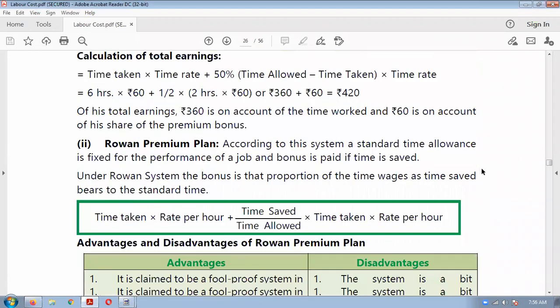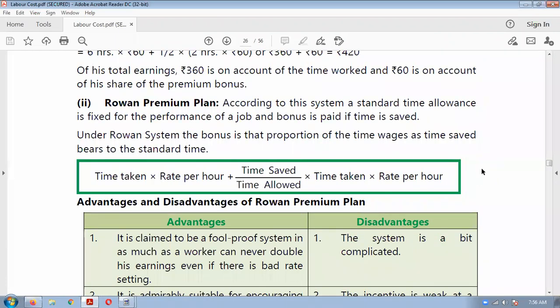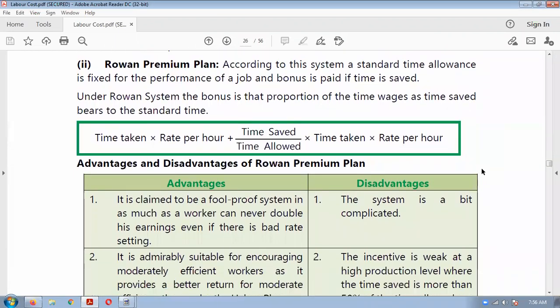So the Halsey plan we have discussed. Today we will understand the Rowan plan, how wages will be calculated under the Rowan plan or Rowan premium plan. So this is the formula for the Rowan plan.